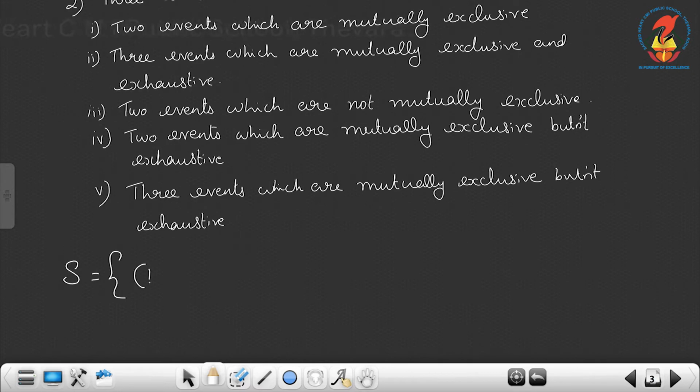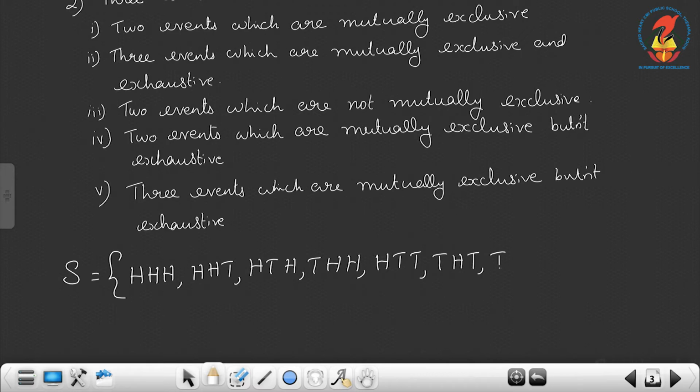So HHH, then HHT, HTH, write all the possible outcomes. There will be 8 outcomes. 1, 2, 3, 4. Now HTT, THT, TTH and TTT. So these are the possible outcomes, 8 outcomes.